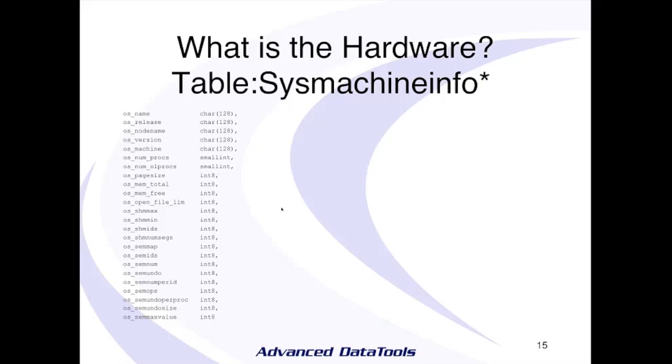The second new table is called Sysmachineinfo, and again, it's undocumented. It's got an asterisk. This is an interesting table because this stores 5 years, as this is my understanding, and I may be wrong here, 5 years of information by week.